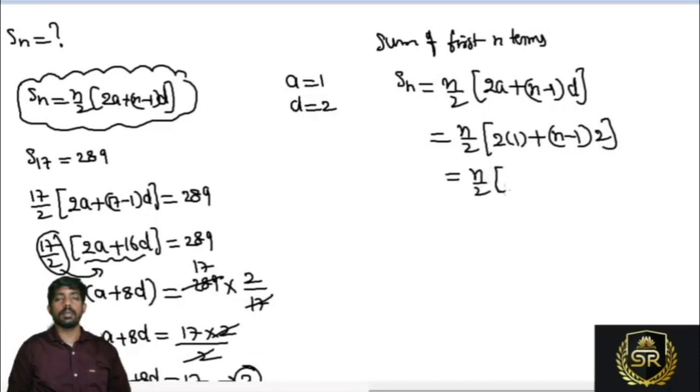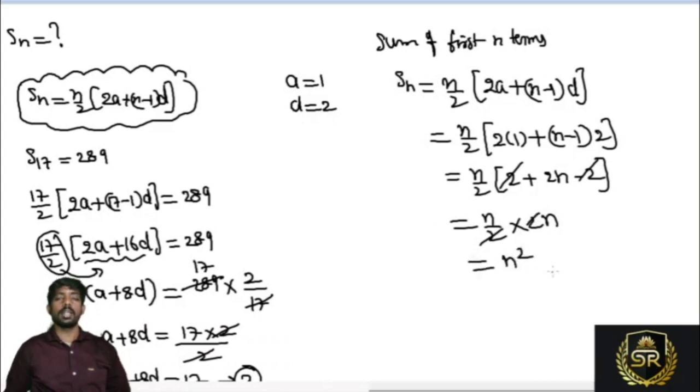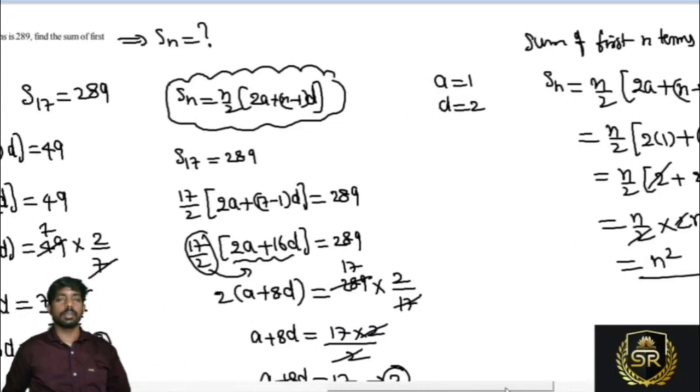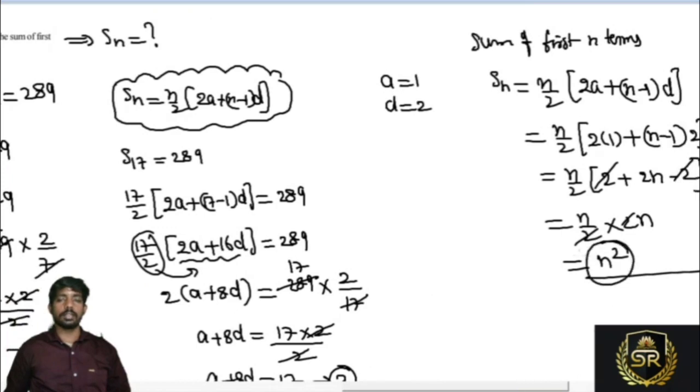Inside, multiply: 2 plus 2n minus 2. The 2 and minus 2 cancel. So n by 2 into 2n, and the 2s cancel. n into n gives n square. Therefore, the sum of n terms is n square. This is the solution. Got it? This is the answer.